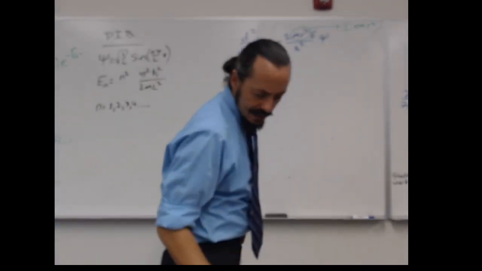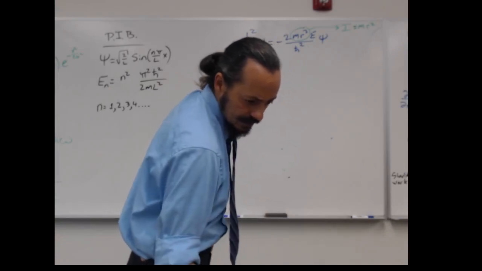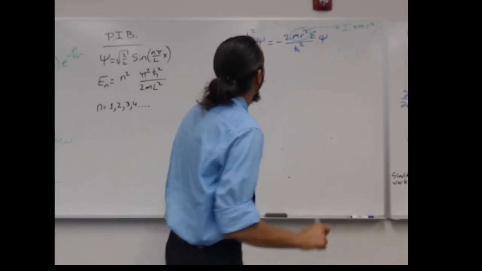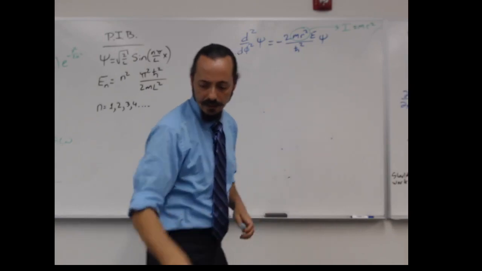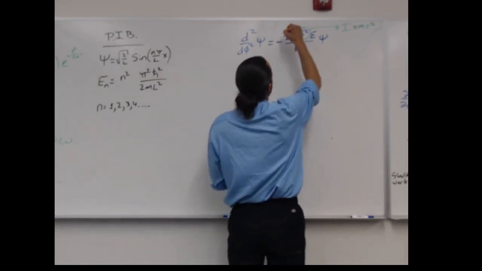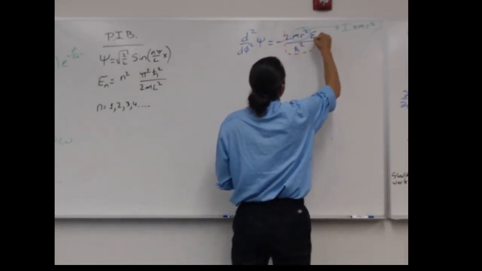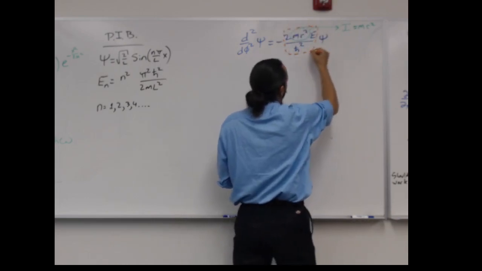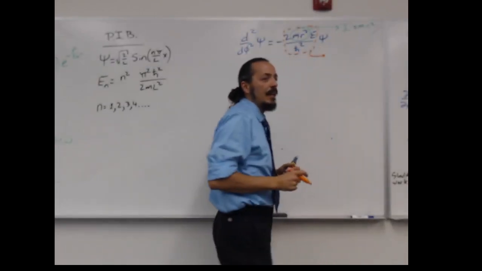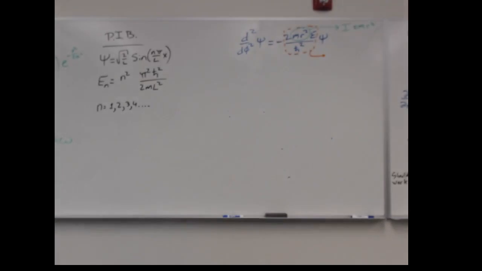And then they take this entire chunk here, and they say this is going to be equal to some constant squared. Now, we've already used k, we've used k a couple times, we've used n a couple times.